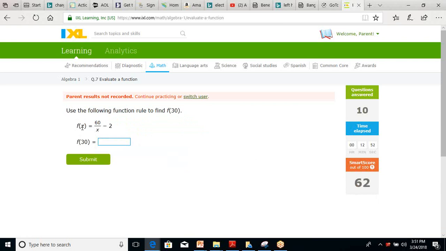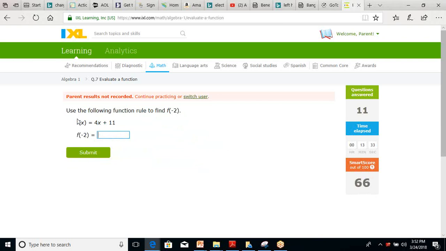So f(30), that means x is 30. If you substitute it in this formula right here, it is 60 divided by 30, which is 2. 2 minus 2 is 0, right? Okay, so you want to find f(minus 2). This is the function rule. The function rule says that y is equal to 4x plus 11. f(x) is just y.